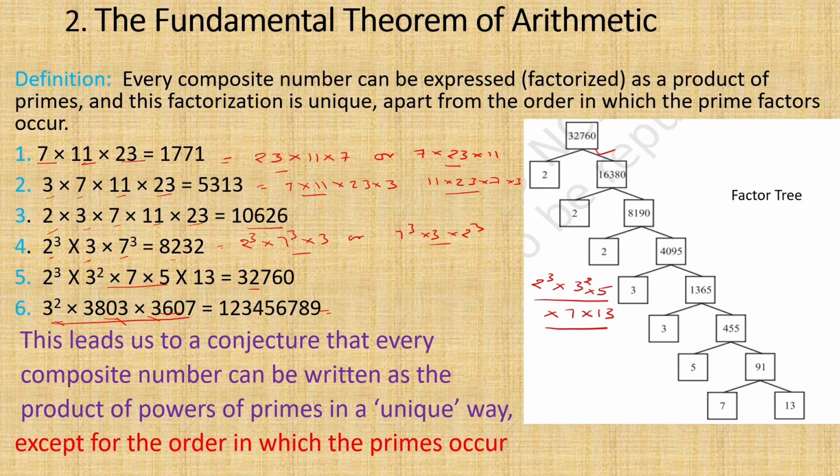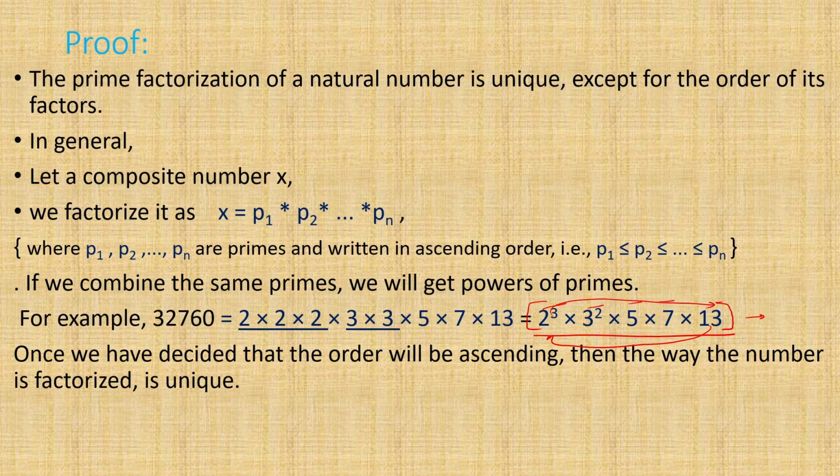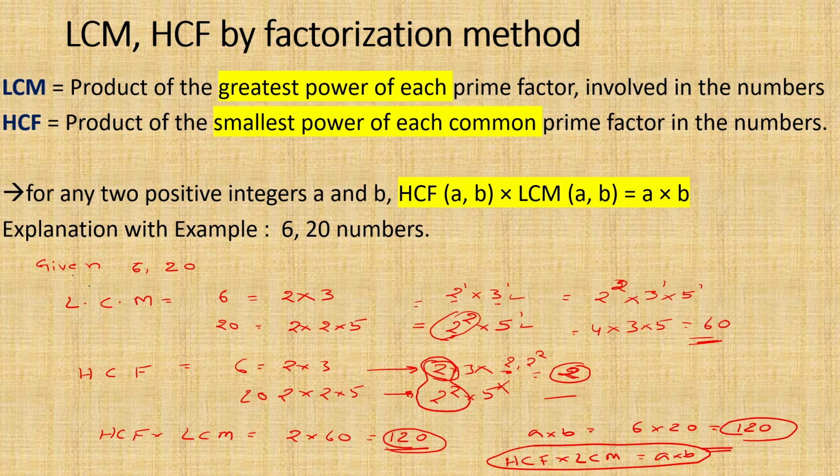The order may change, but no other prime factors can be included. I have explained that clearly previously, and the proof we have also seen, along with LCM and HCF using the factorization method and this example.